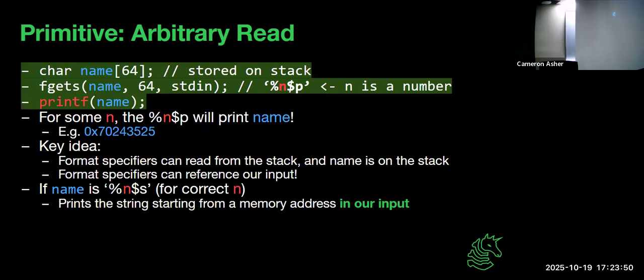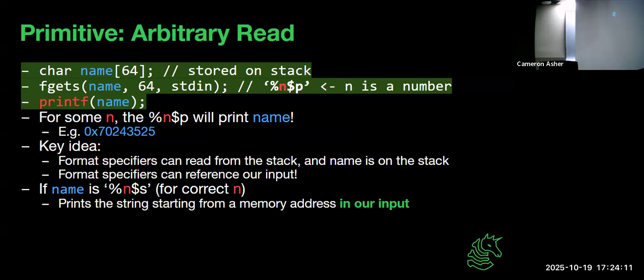Again, for n, if we have the correct n, it will actually go down the stack until we hit this string, this character array, and then we will just print out the value that is stored in name. So the key idea is that format specifiers can read from the stack, and the name is on the stack.